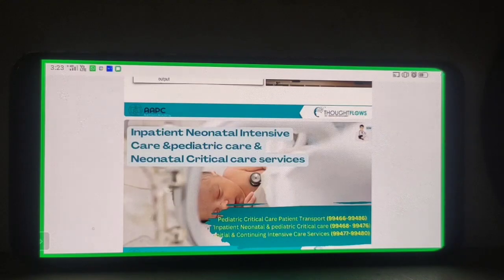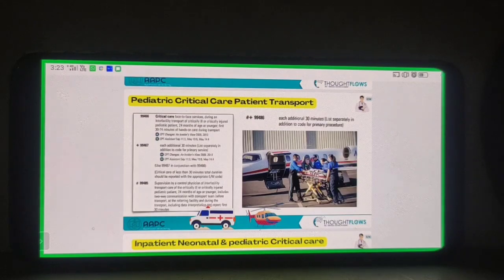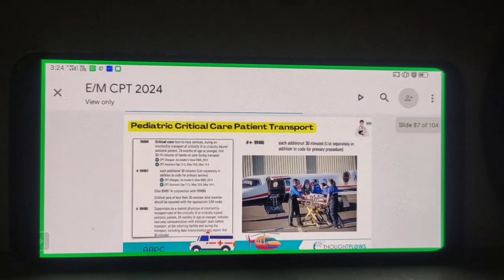So here we have codes. We already discussed critical care service codes for adults. Now we are going to discuss the critical care service codes for pediatric and neonatal critical care, in this case pediatric critical care patient transport.